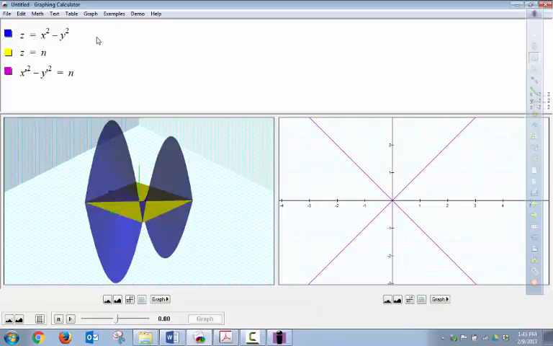So it turns out that we could see a bunch of different shapes out of this.